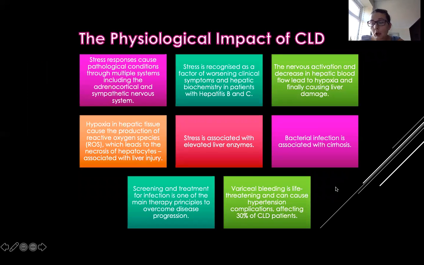In this slide, I introduced some of the physiological impact of chronic liver disease. In humans, nearly 70% of overweight subjects and up to 90% of obese people develop fatty liver, leading to the accepted view that the main risk factor for fatty liver development is overweight status or obesity.